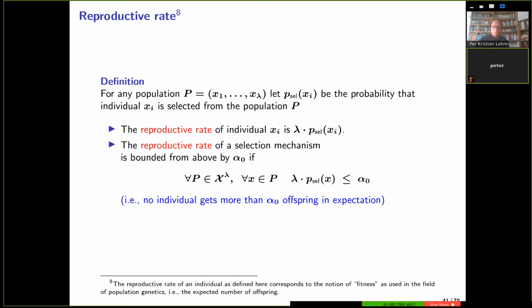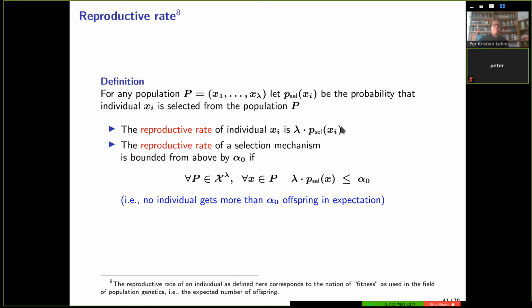Again, what will be very important is the notion of selective pressure. Here we define what is called the reproductive rate. First, the reproductive rate of an individual x_i in a population is lambda times p_sel(x_i). This means the expected number of times this individual will be selected in one generation.